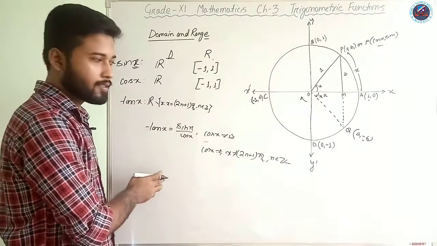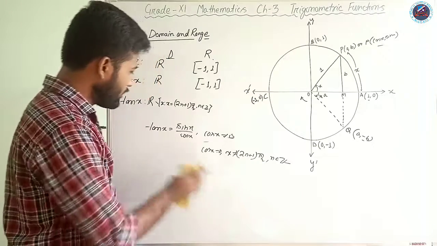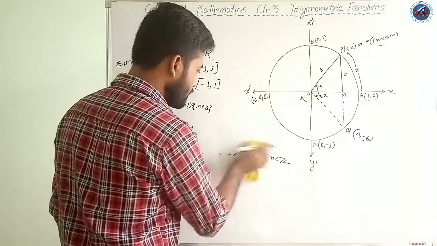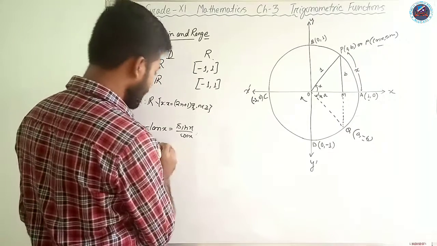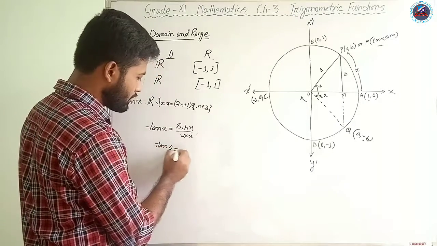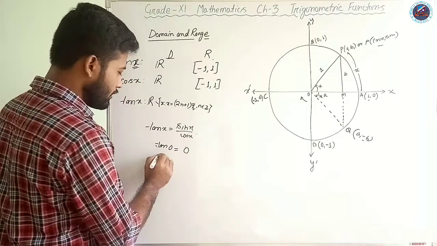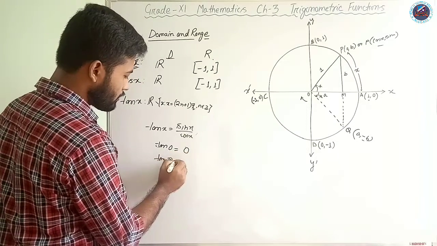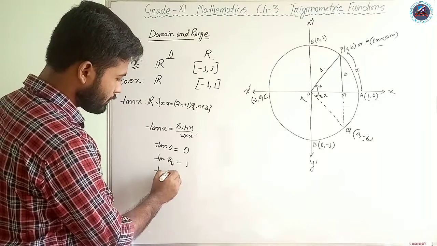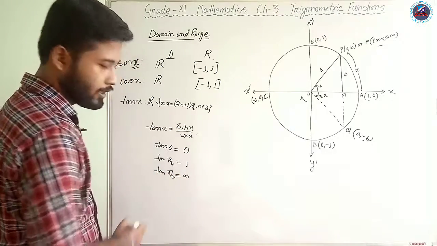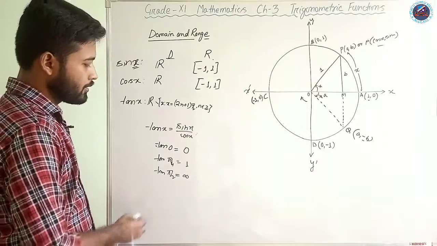And what about the range? In case of tan, tan 0 is 0, tan pi by 4 is 1, tan pi by 2 is infinity or undefined.